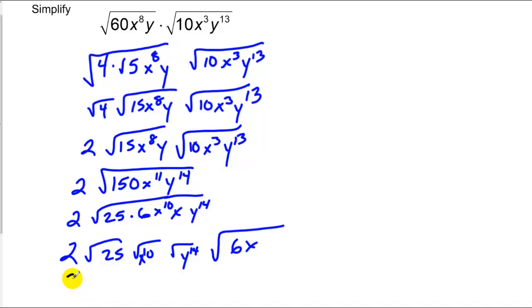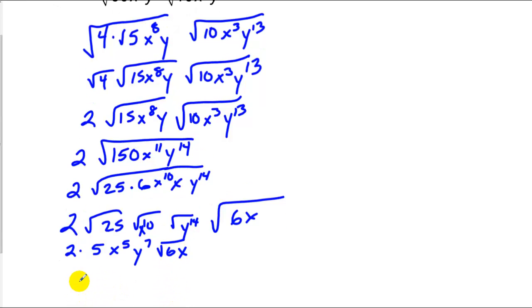Simplifying, I get 2 times 5 times x to the 5th, that's the perfect square, and y to the 7th, that's the square root of y to the 14th, root 6x. And finally, cleaning that up, I have 10 x to the 5th, y to the 7th, root 6x. And that's all simplified.